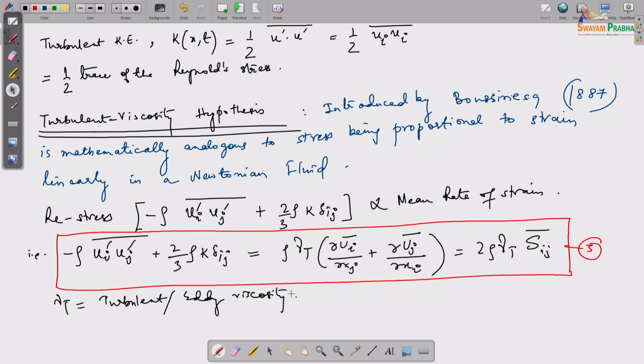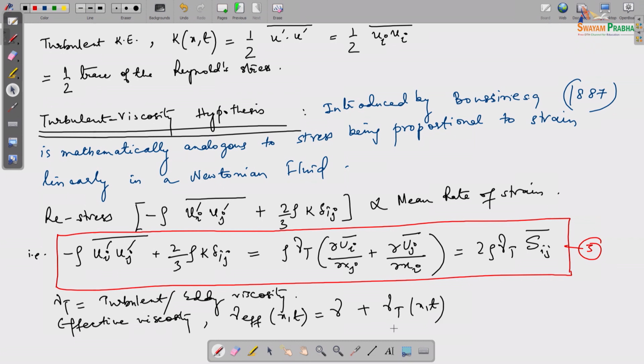And essentially I can also say that the effective viscosity is this plus the turbulent viscosity.